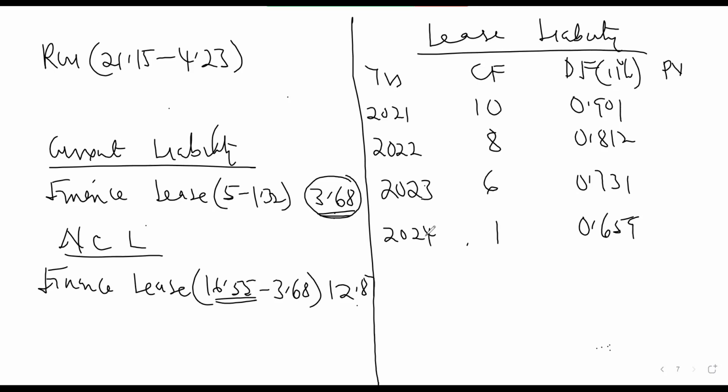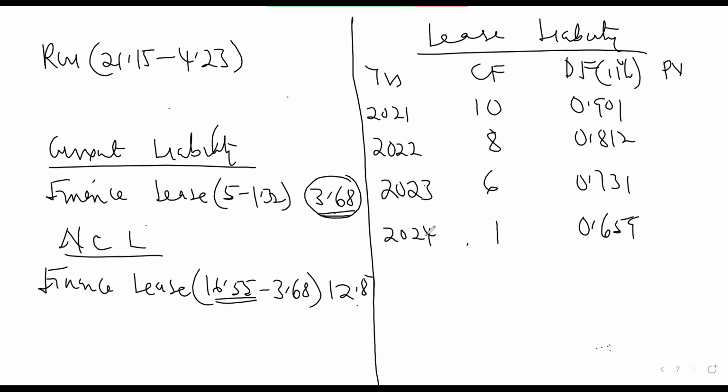The 2021 over what we have here is at the beginning of the year, isn't it? 2022 is at the beginning of the year. 2023 is at the beginning of the year. But we pay in 2023 and use the asset for a full year. So we have to bring the 2024.